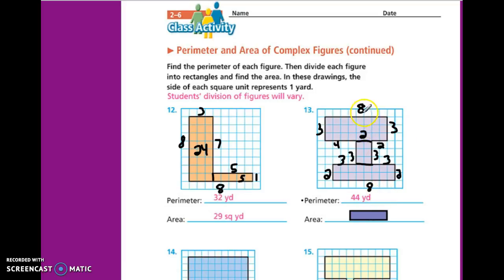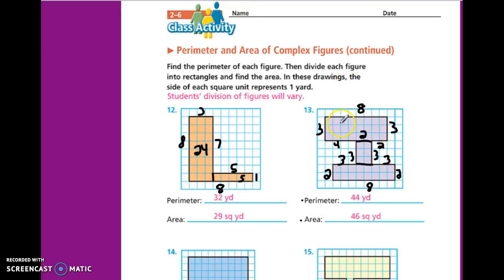And now, remember, we're going to calculate the area of each box and add them together to get your total area. Let's see how you end up doing. All right, so if you added them all together, you should get a total area of 46 square yards. And again, you would have gotten that by calculating the area of each one.